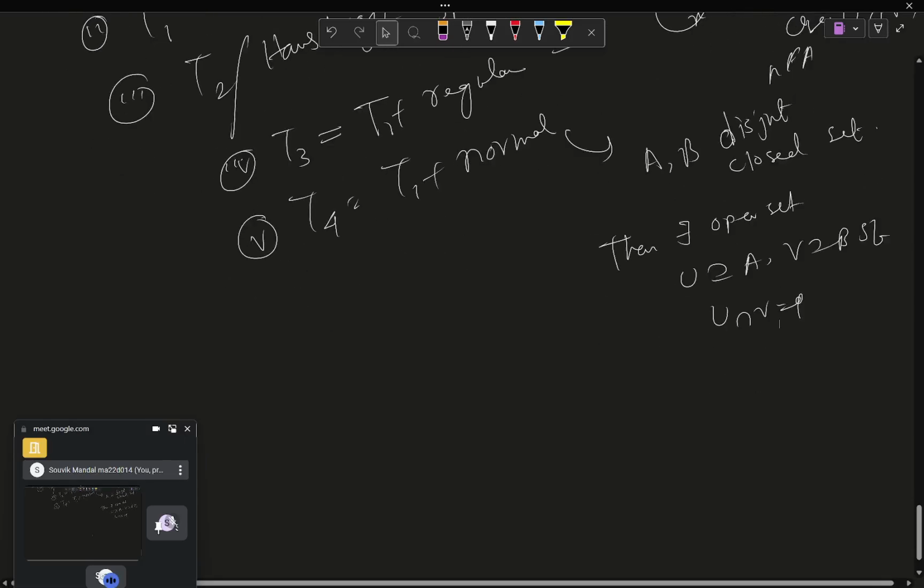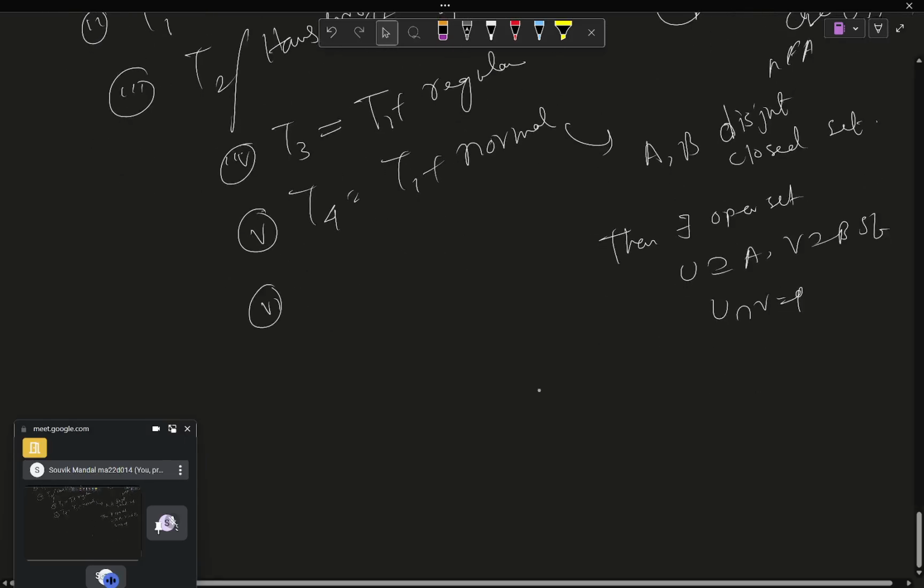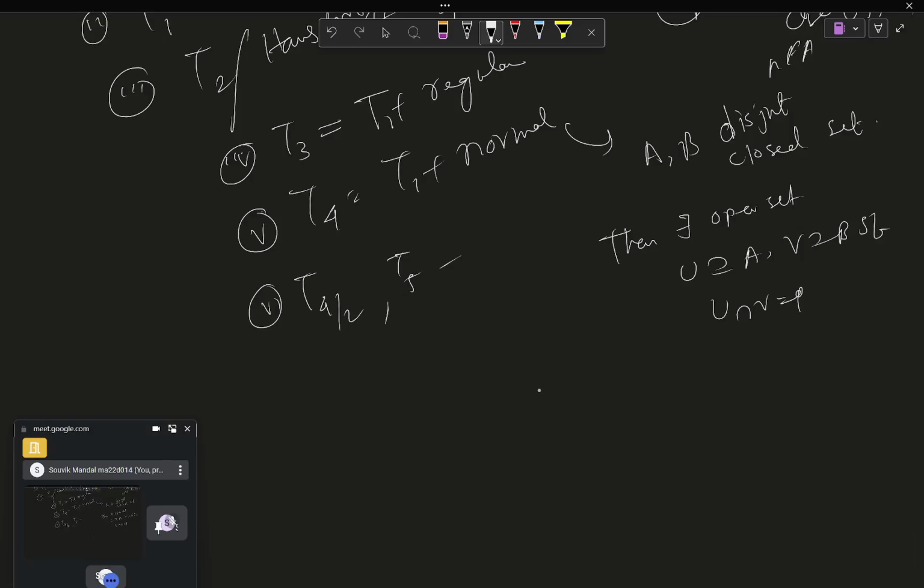Of course, there are some concepts such as T3 and a half, but anyway, we are not going to bother about this. Everything is implied by the others in the reverse direction. That is, T4 is a proper subset of T3, which is a proper subset of T2, which is a proper subset of T1, a proper subset of T0.